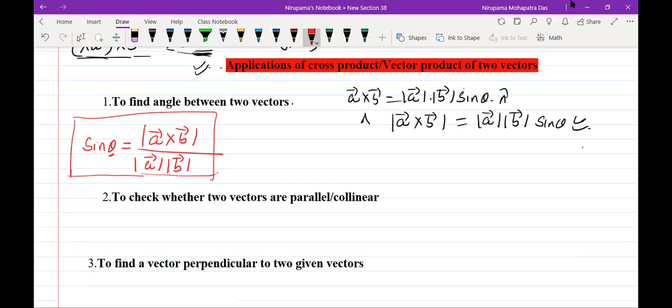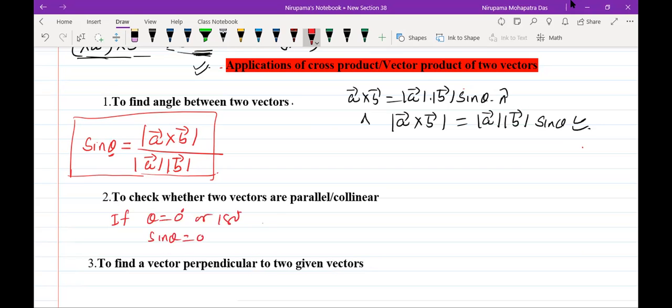Next one is to check whether two vectors are parallel or collinear. As we studied just a few minutes back, if theta equals 0 degrees or 180 degrees, you have sine theta equal to 0.